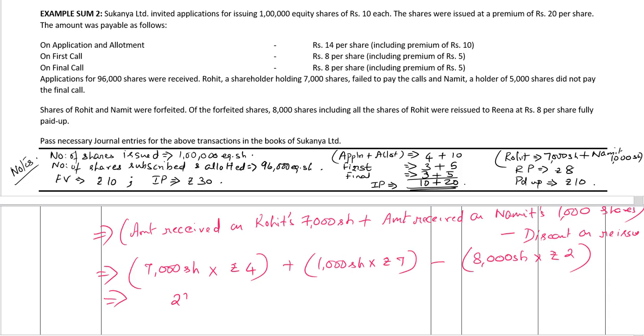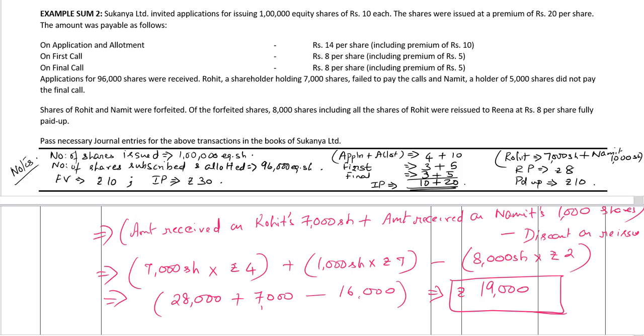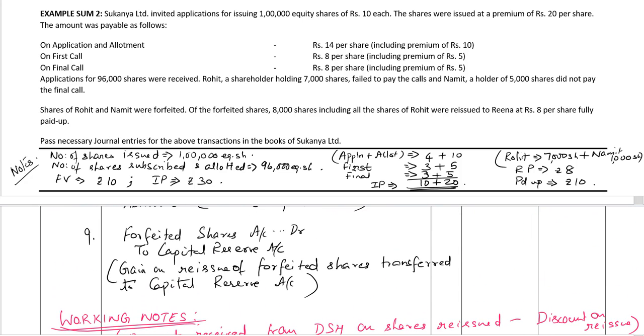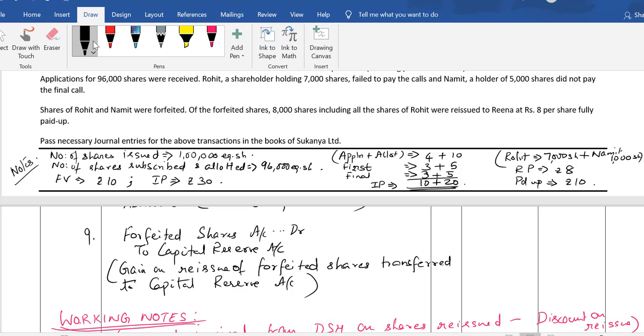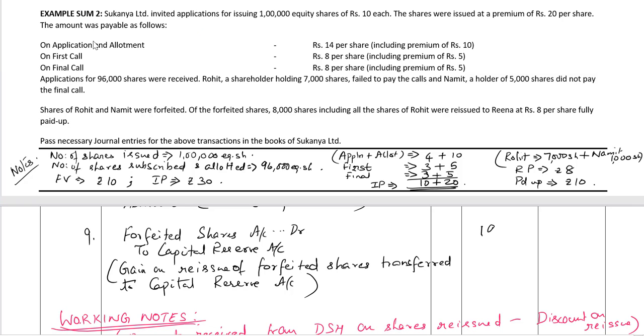So it's 28,000 rupees plus 7,000 rupees minus 16,000 rupees. Totals to 19,000 rupees. So the amount for the final journal entry, 19,000 rupees.